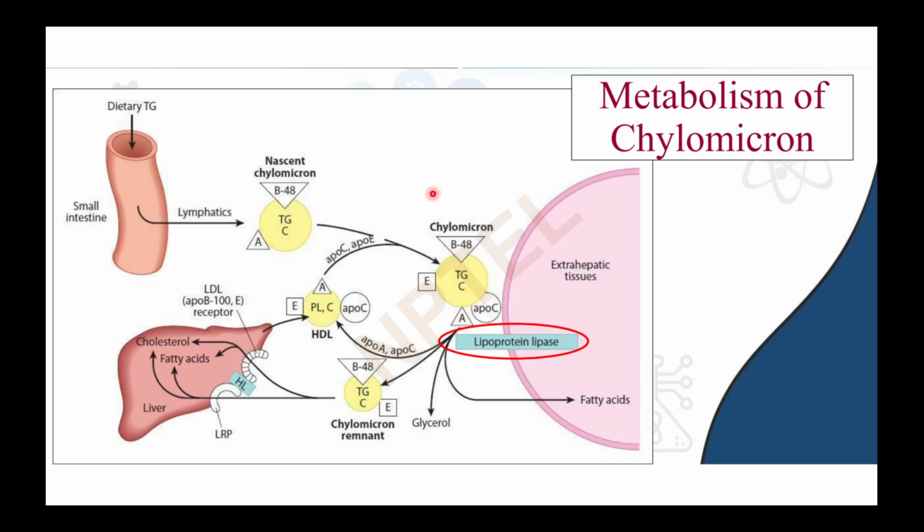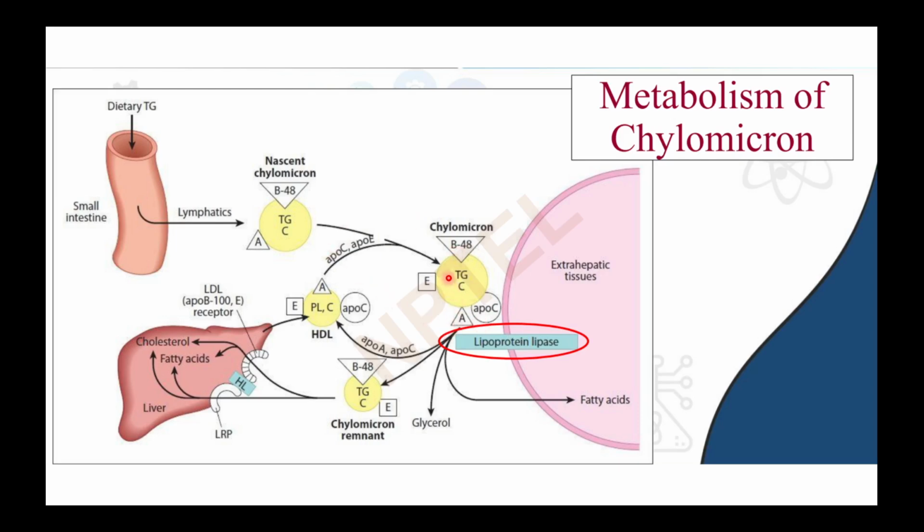The mature form has ApoC and ApoE protein, so additional two more apoproteins are there. B48 is integral, it is always present. ApoA is present in the nascent one, and it becomes mature when ApoE and ApoC add to it. Now this is the mature chylomicron.